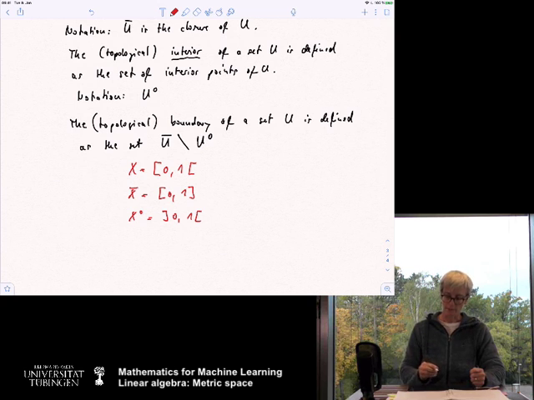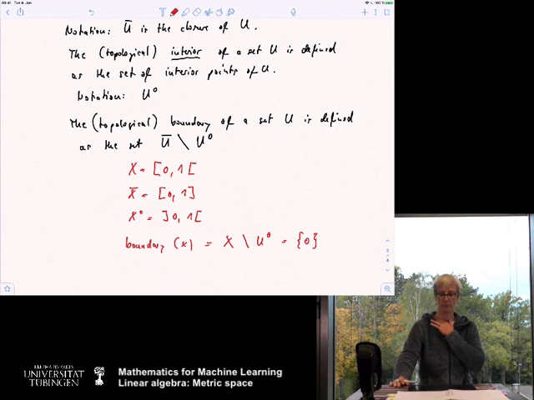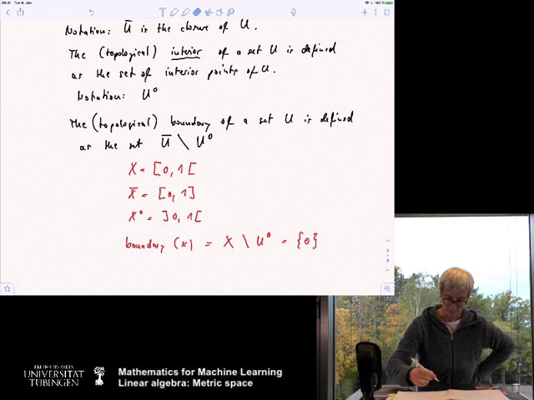I'm just struggling with the definition, because my intuition would have been that the boundary of X would be X without the interior, and this would now essentially be just the set 0. And I think this is also how we should define it above, otherwise it doesn't really make sense, sorry.